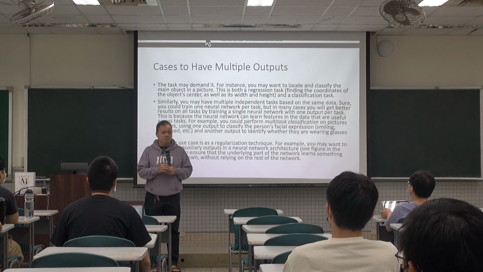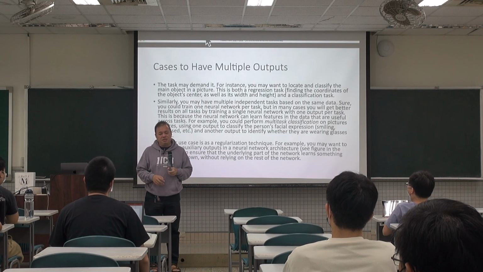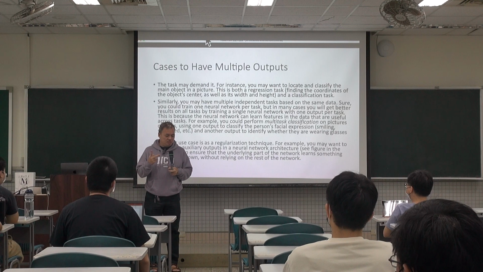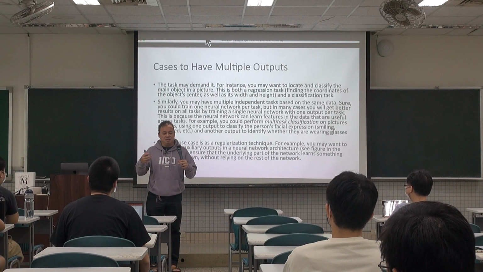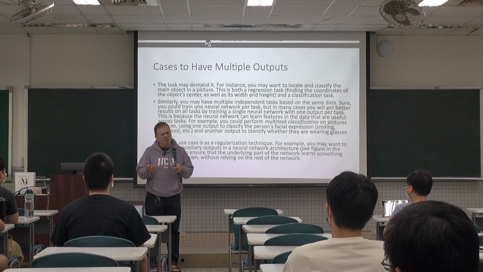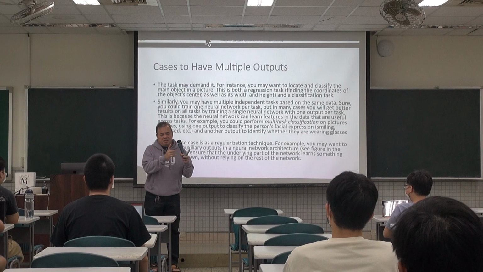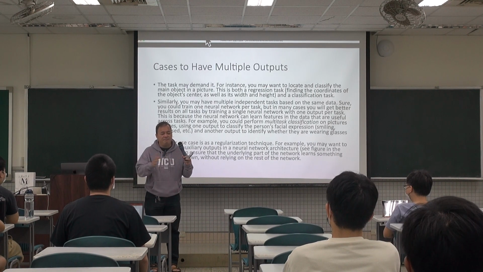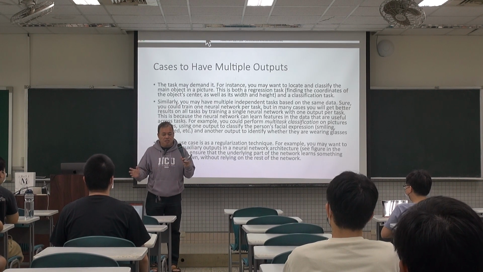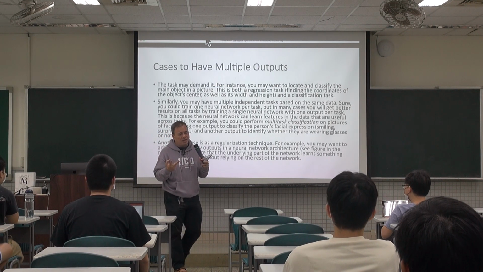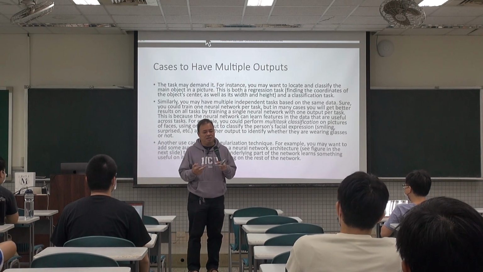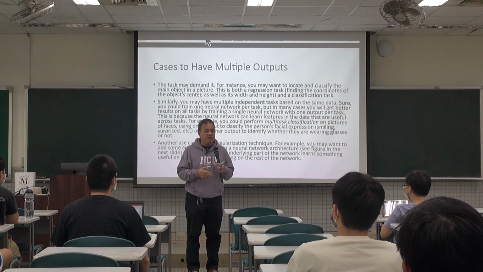But if you want to complete two jobs together and you create two models, and these two models happen to use the same input, then running the two models is obviously going to take more time.